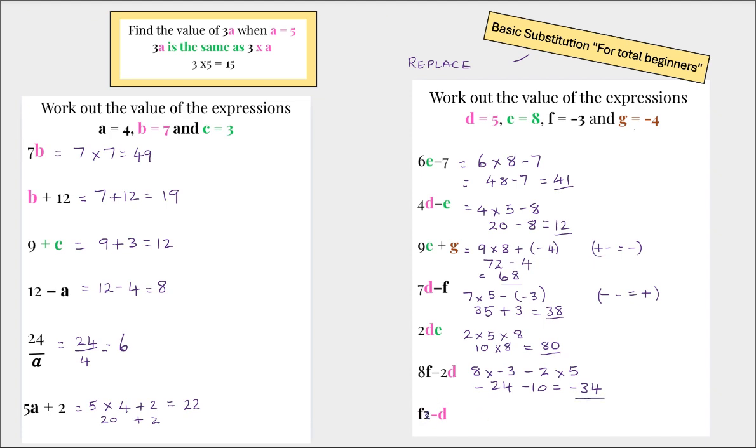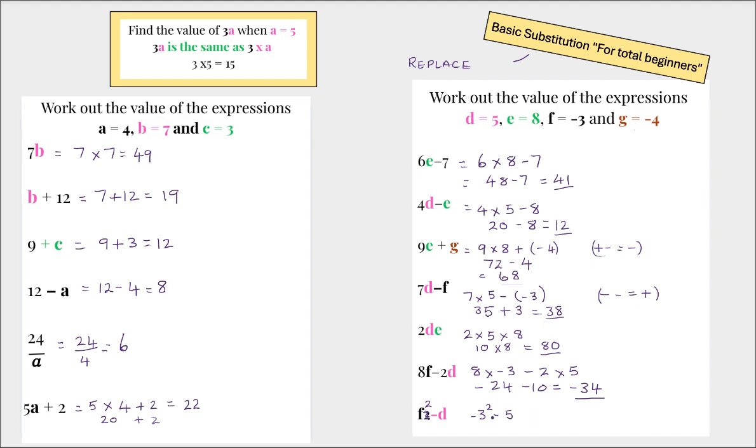This here should be a squared number, so it should be f squared minus d. So f is -3 squared, minus d, which is 5.